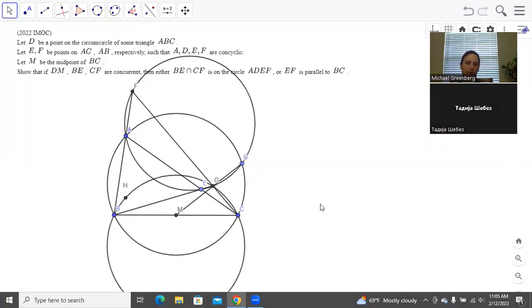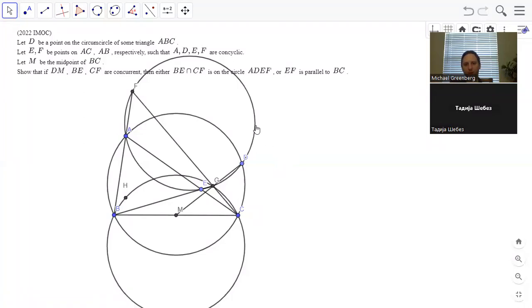Let me think about that. So that means the power of M with respect to that circle is MB squared. So what we could do is hide this circle for the time being. We're assuming that M, G, and D are collinear. Oh, we know ADEF is cyclic. We want to show G lies on the circle.